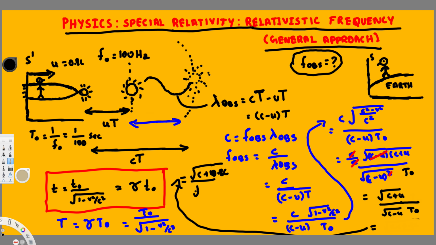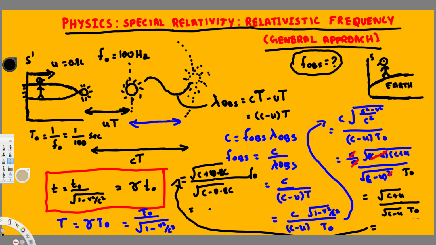In the denominator we are going to have c minus 0.8 c, and then we have to multiply by t naught in the denominator, or we can multiply by f naught in the top, because we know that f naught is 1 over t naught, right? So instead of putting t naught in the denominator, we can multiply by f naught, which is 100, and let's simplify.